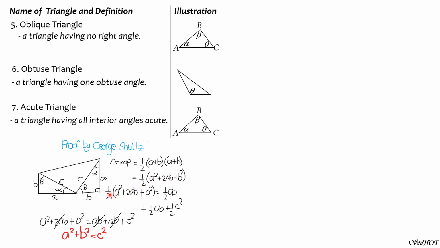And this area of the trapezoid is also equated to the area of this triangle, which is 1/2 AB, plus the area of this triangle, which is also 1/2 AB, plus the area of this right triangle, 1/2 C times C, or 1/2 C squared. We cancel out 1/2 for all terms. So we have A squared plus 2AB plus B squared equals AB plus AB plus C squared. Since AB plus AB is 2AB, we cancel out 2AB.